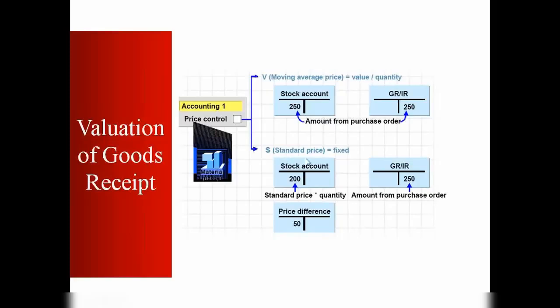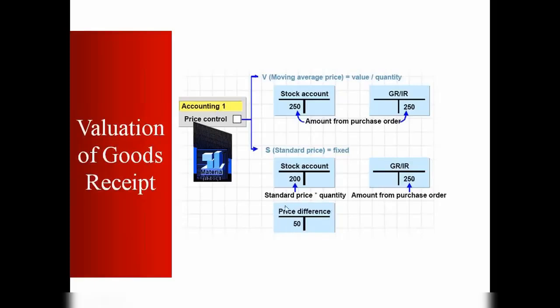But with the standard price, the system will still post the standard price. It will not care that it's 250 for 10 pieces from the purchase order. It will still post the standard price, and in the GR account it will post the 250.